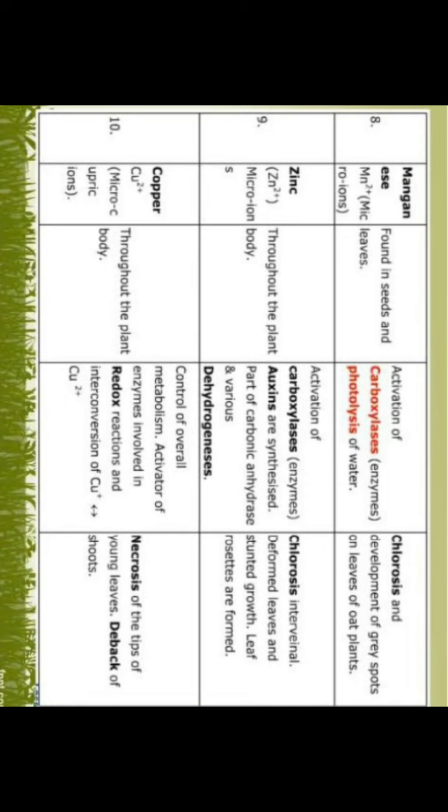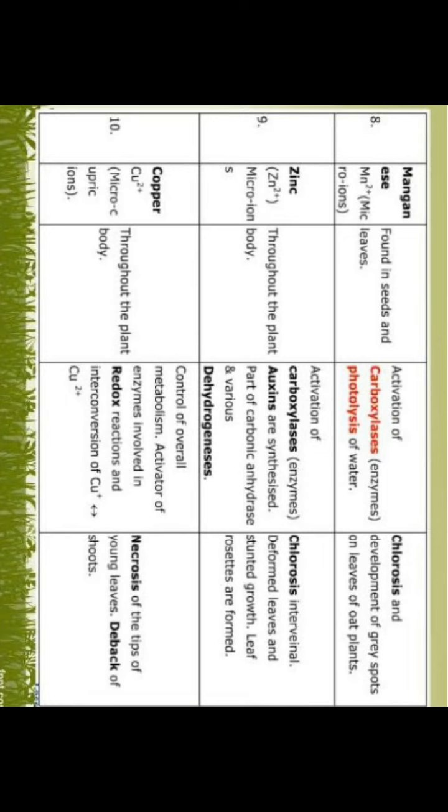Zinc. Plants obtain zinc as Zn2+ ions. It activates various enzymes, especially carboxylases. It is also needed in the synthesis of auxin. Here is one important point to be discussed: activation of carboxylase enzymes, auxins are synthesized, part of carbonic anhydrase and various dehydrogenases.